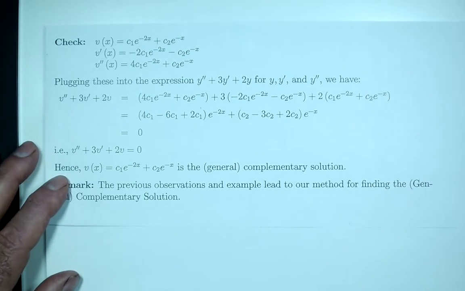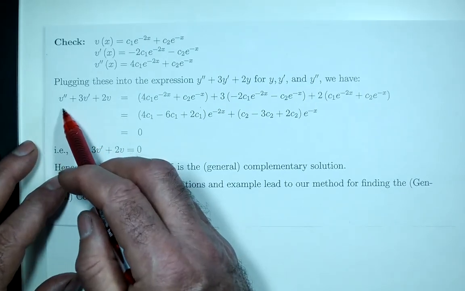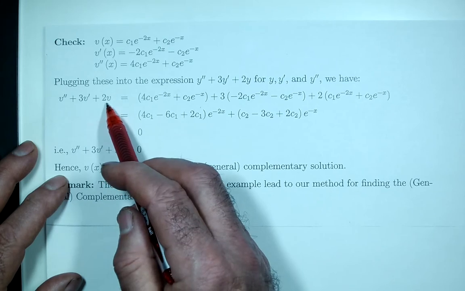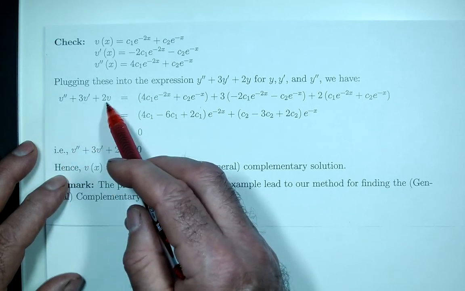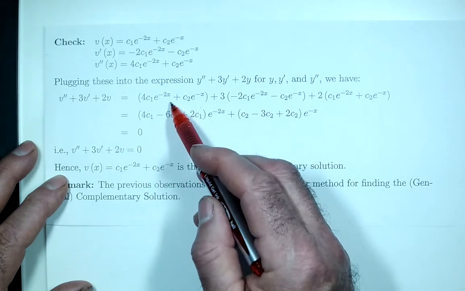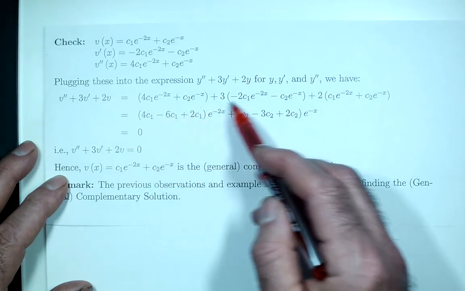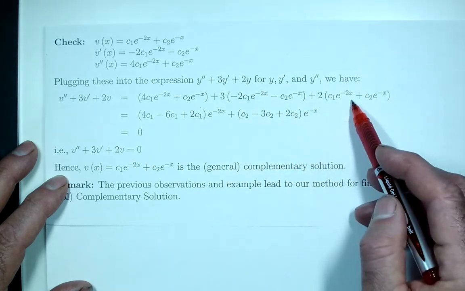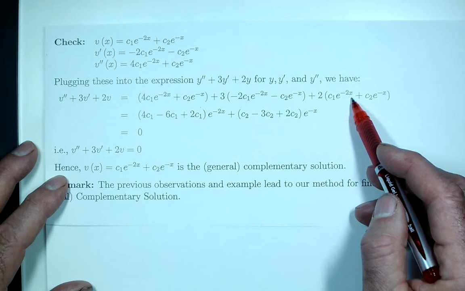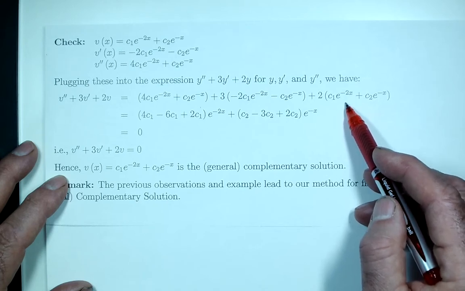And instead of y double prime plus 3y prime plus 2y, I've got v double prime plus 3v prime plus 2v. And here's my v double prime. Here's my 3v prime. Here's my 2v.